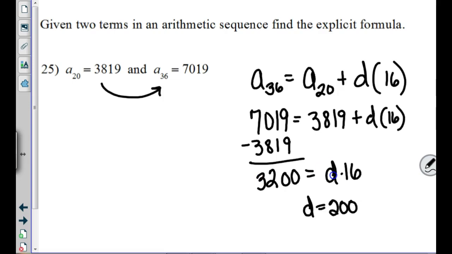Anybody get 200 for D? Okay. Now how are we going to go backwards and find the first term? Because the explicit formula looks like this: a sub n equals a sub 1 plus d times n minus 1. We know d, and we're going to leave n in, but we need a sub 1.